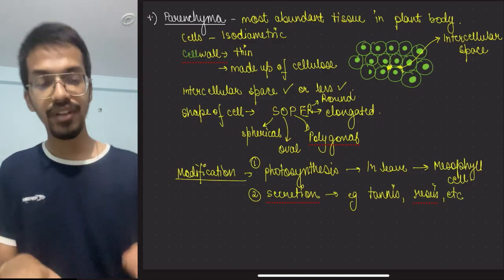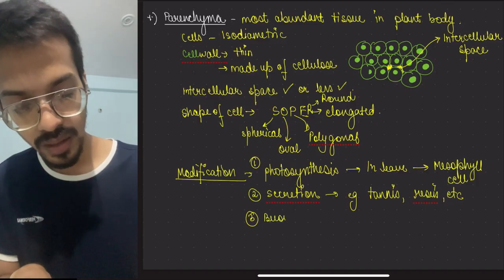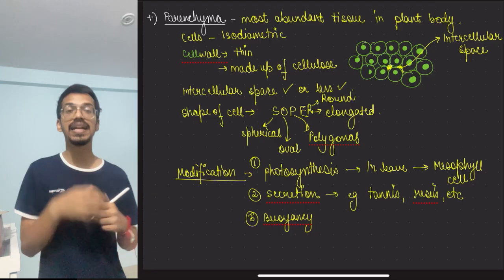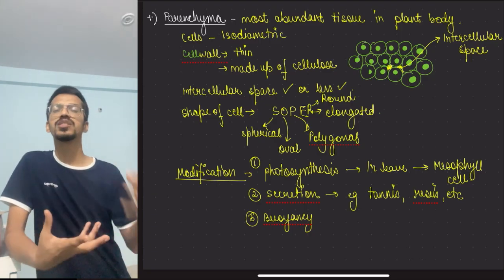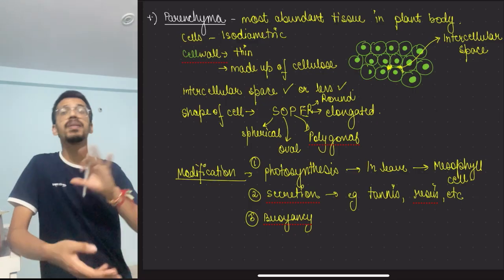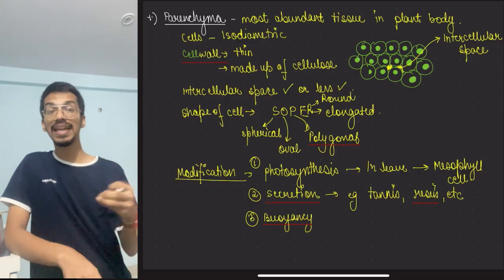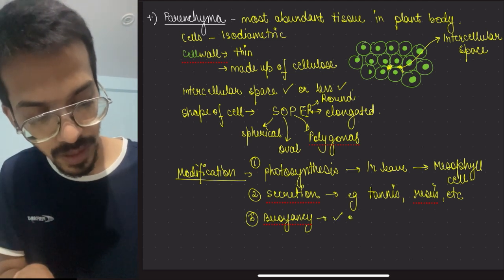Then they help in buoyancy, which means helping in floating the plant body. Buoyancy is a feature of water plants which are submerged under the water. They keep on floating because of the presence of air cavities.